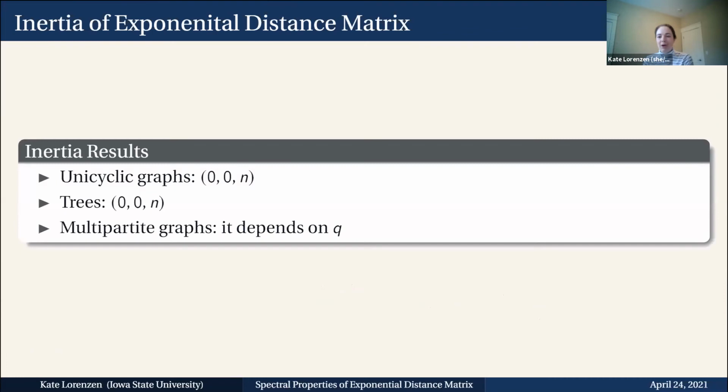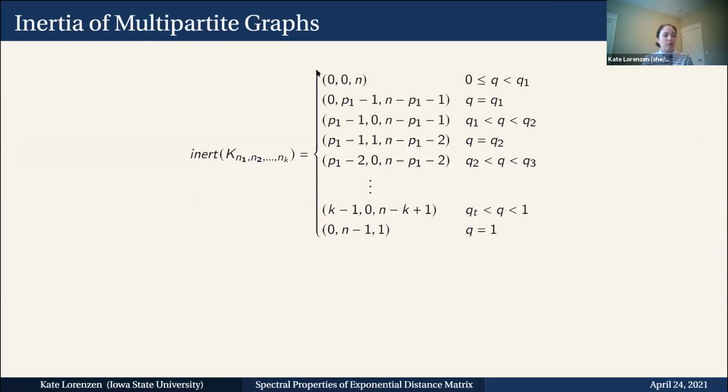The complete multipartite graphs are a little bit more interesting just because their inertia actually depends on the value of Q. What I mean by that is that when Q is really close to 0, all of my eigenvalues are positive. And as Q increases, more and more of them become negative.